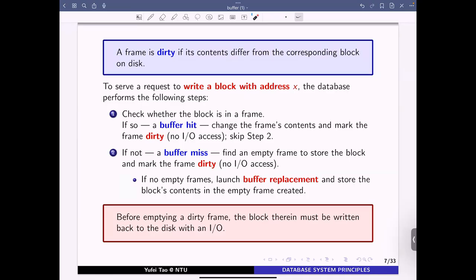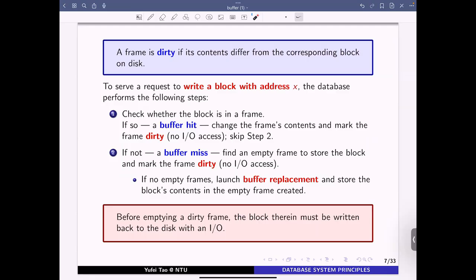The program can take it for granted that eventually the changes will be pushed to the disk. All these things are taken care of by the database system automatically. So this is the database's way to bookmark which frames will have to be written to the hard disk eventually.